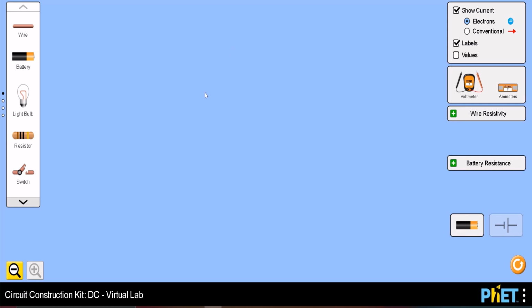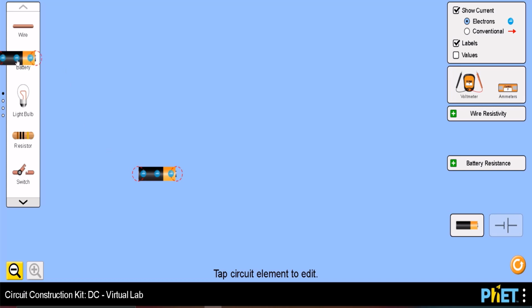In the next task, I'll use the same components. That means a light bulb, one cell, wire, and a switch. But now if I add a second cell, then let's see what happens to the light bulb. So this is the first cell, and the voltage across the first cell is 9 volts as shown to you earlier.